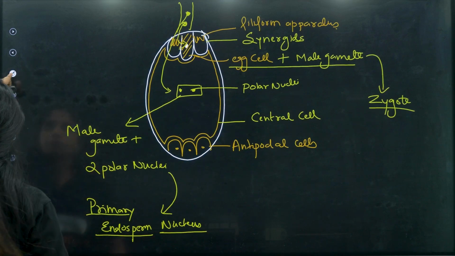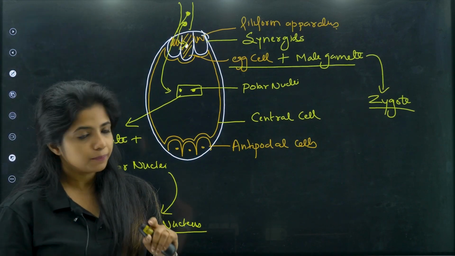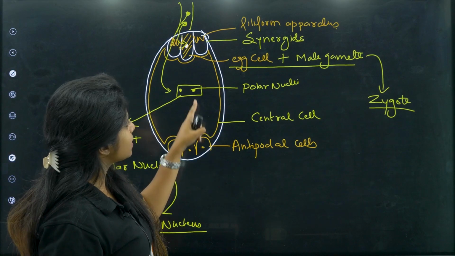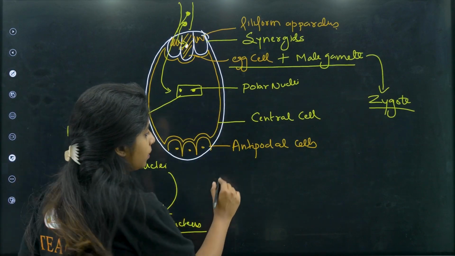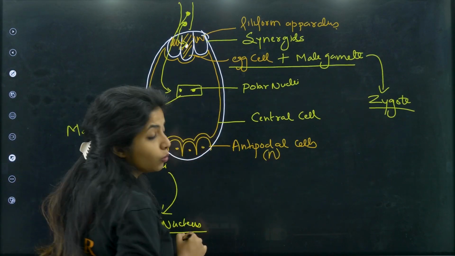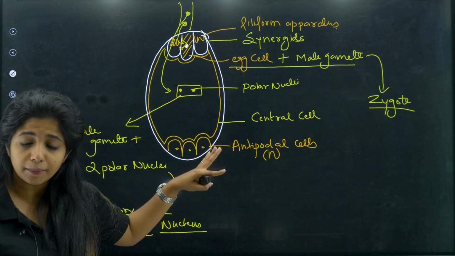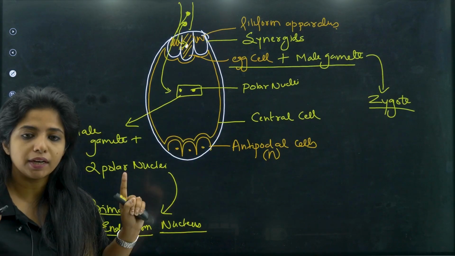Now, listen to me carefully. The egg cells, antipodal cells, polar nuclei, all of them were haploid in nature. Why?